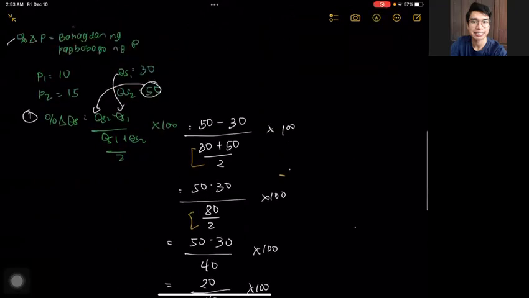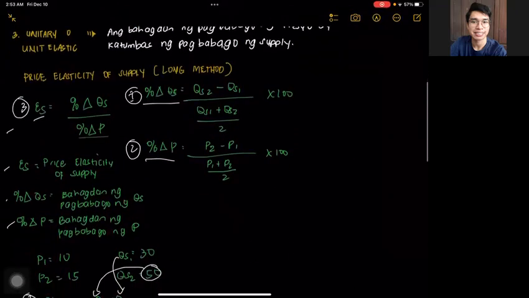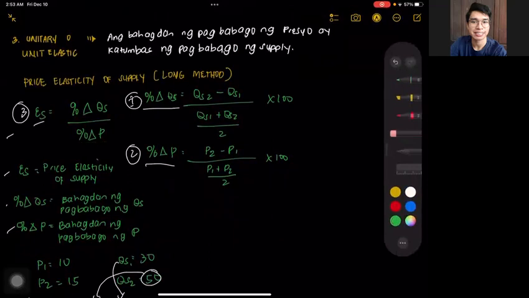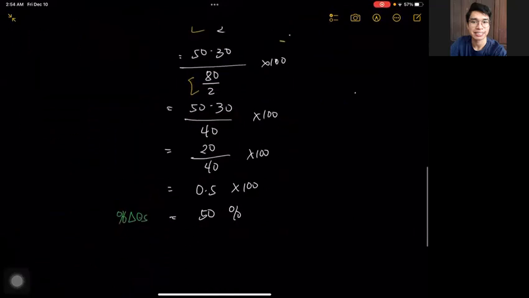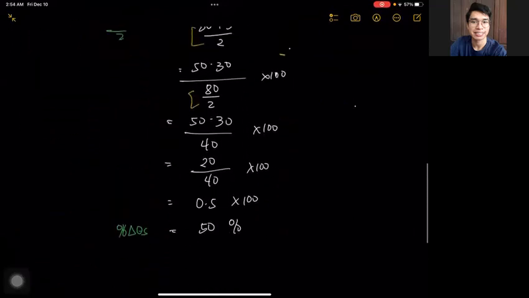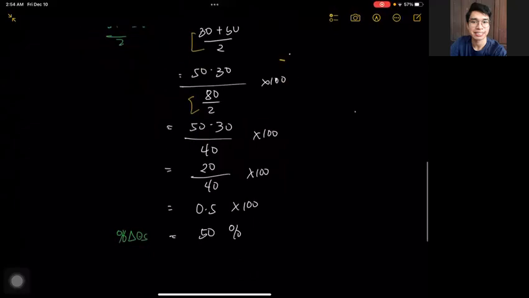So, pwede na nating ilagay sa taas yung value ni percentage change of QS. So, the answer here is 50%. Now, pwede naman natin makuha na yung percentage change of price. So, number 2. So, tandaan natin yung given, 10 and 15. So, i-write lang natin yung formula.